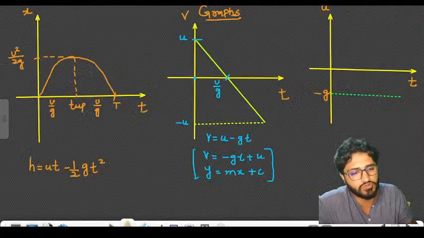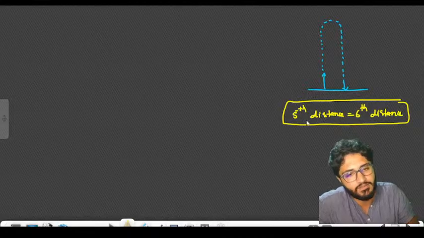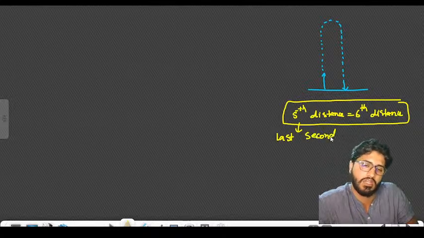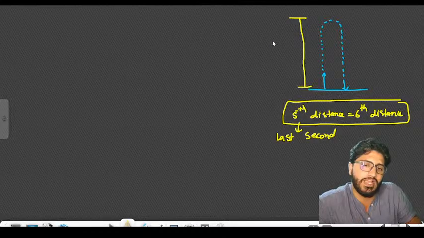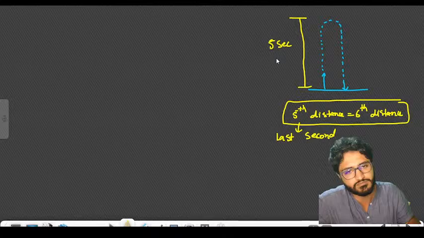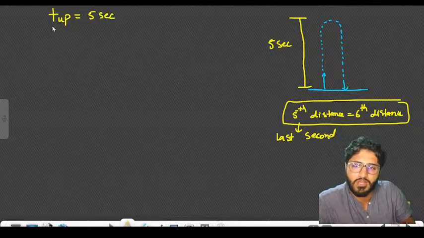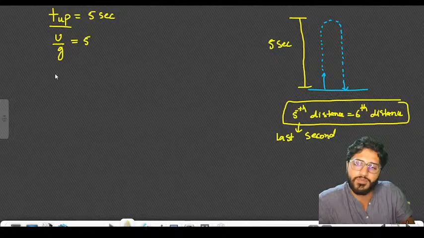So it just shows us that fifth means last second. Last means there are 5 seconds. Fifth and 5 seconds. So my T up, the upward time, is 5 seconds. But time up is U by G, and it is 5 seconds.